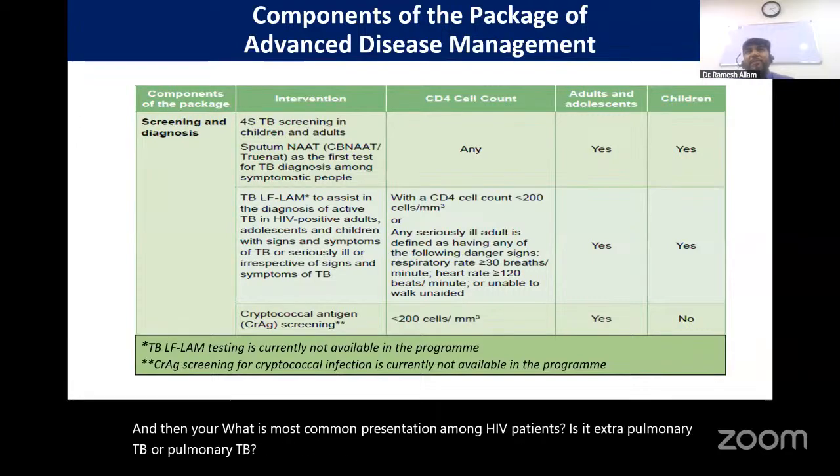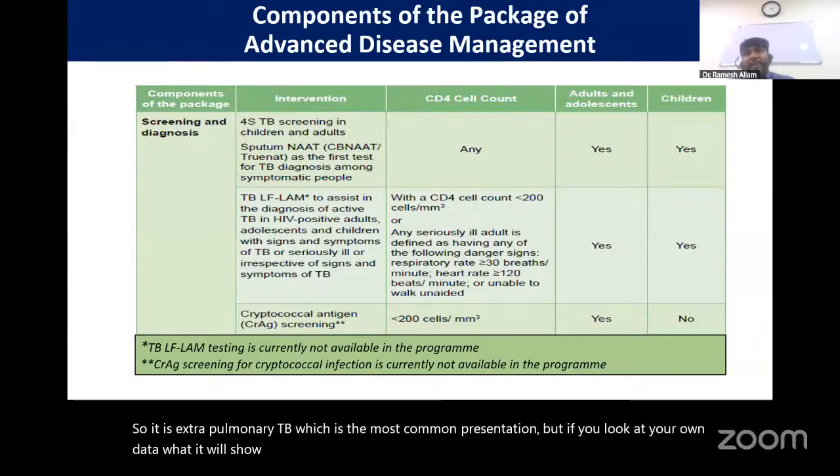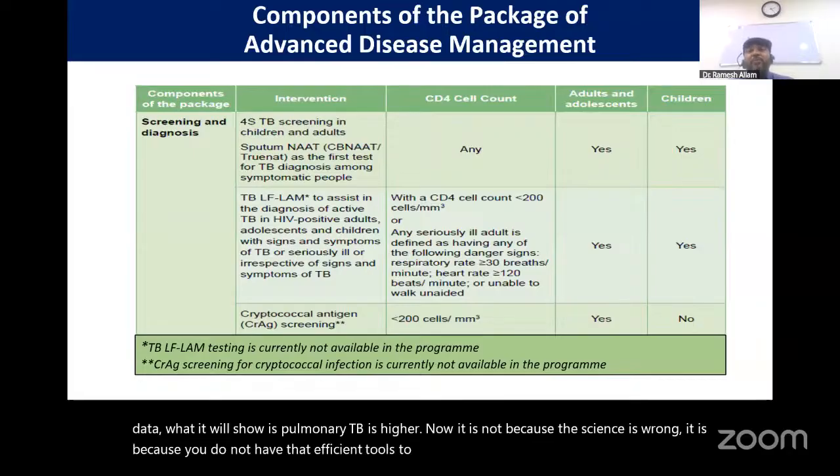So it is extrapulmonary TB, which is the most common presentation. But if you look at your own data, what it will show is pulmonary TB is higher. Now, it is not because the science is wrong, it is because you do not have efficient tools to diagnose extrapulmonary tuberculosis.